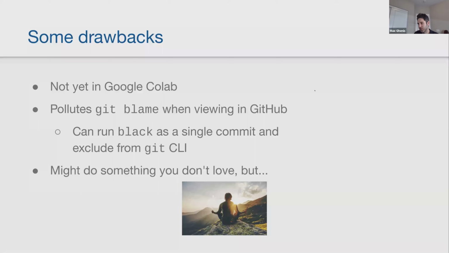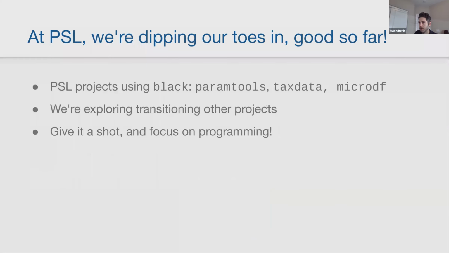It might do something you don't exactly love, but I've learned to be zen and focus on the programming and less on the aesthetics, which in general, I'm a big fan of the aesthetics of black. So we're starting to dip our toes in this. So far, I'm pretty happy with it.